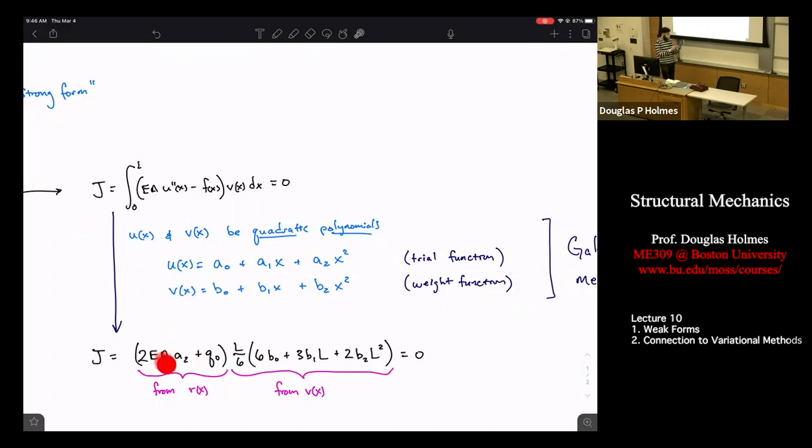So this comes from mechanics. We derive this by doing variational methods of minimizing the total potential energy. And we multiplied it by some random thing, and then we integrated it and said the integral of this thing times this thing has to equal 0. How does that work?